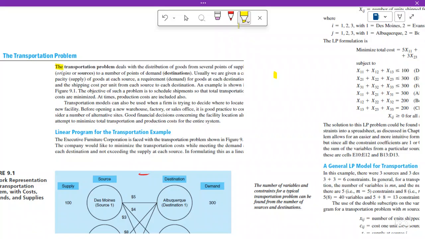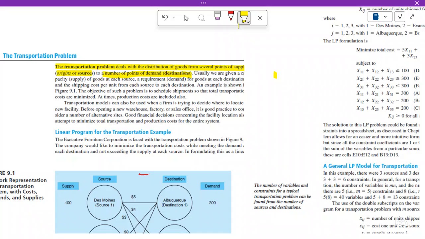So, it deals with what? Distribution of goods from several points of supply, which are also known as origins or sources, to points of demand, or destinations.